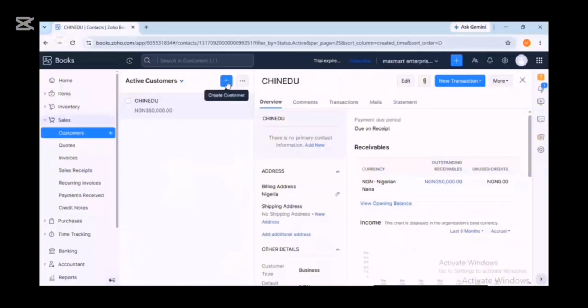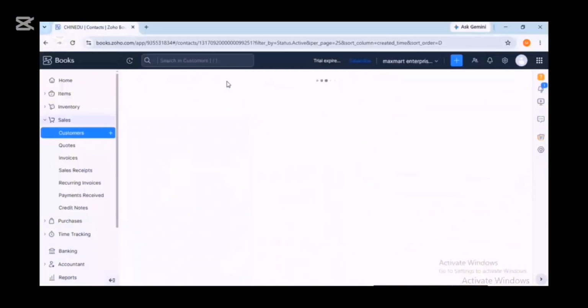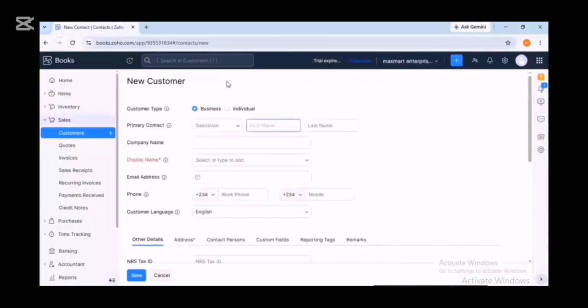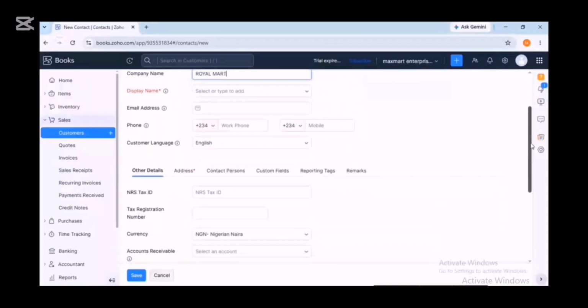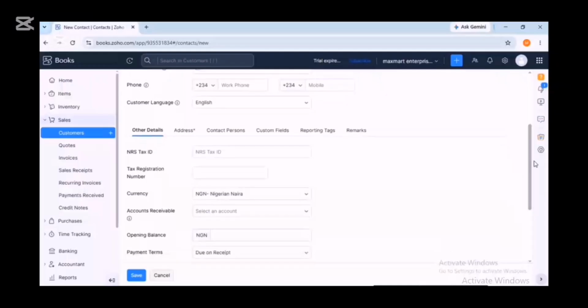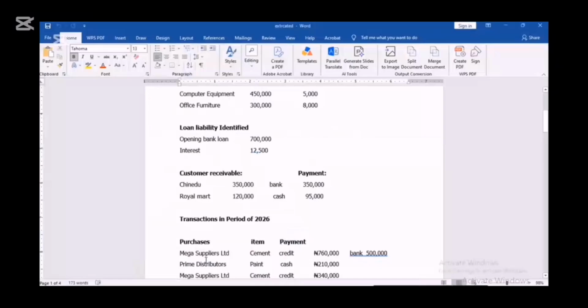So let's add another customer, which is Royal Mart. Input the name first: Royal Mart. So we select his region. The balances first. I think he has, okay, a balance of 120,000.